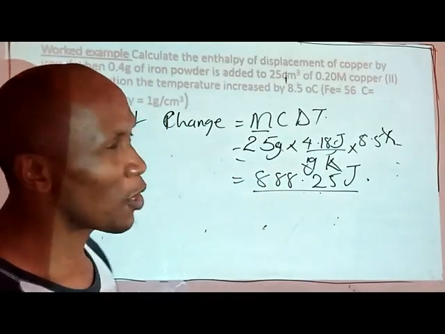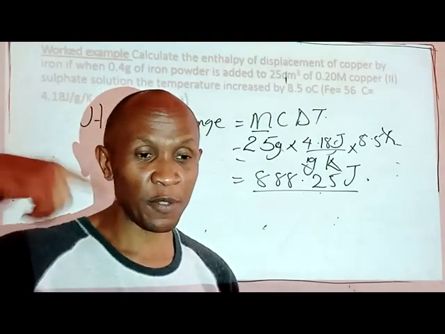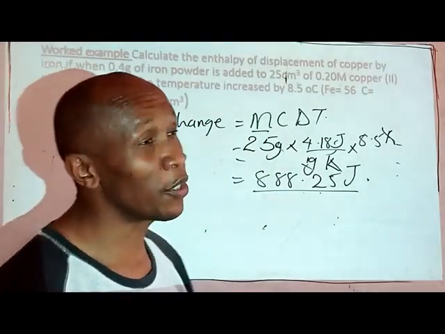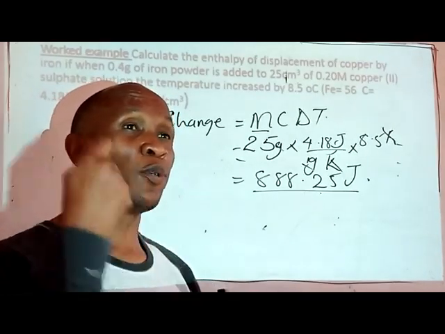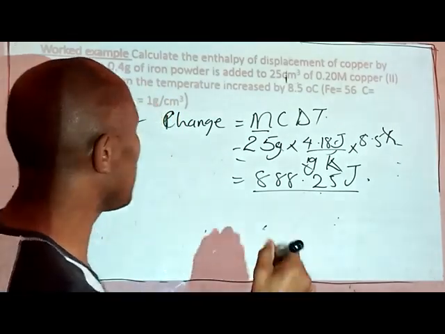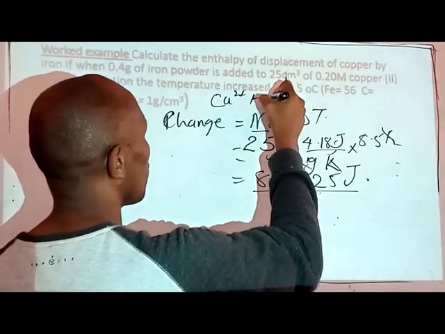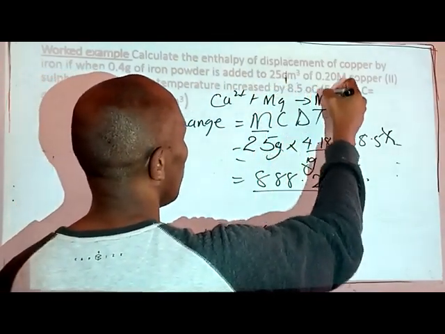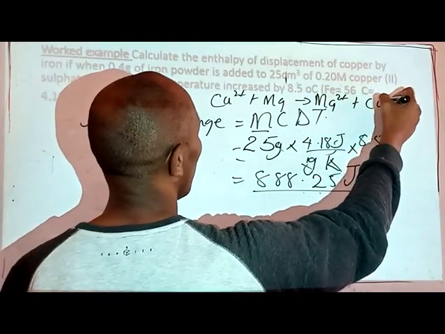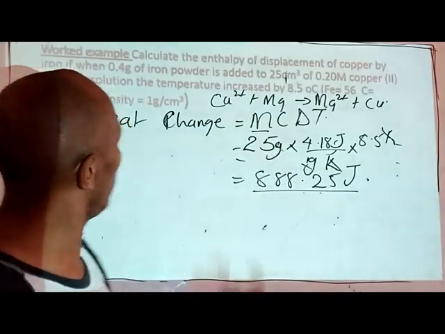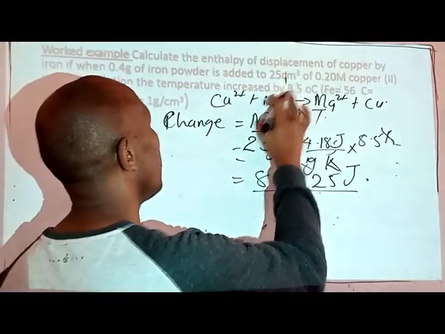Like we did in the previous section, we will need to get the number of moles. We know the reacting ratio is simply 1 to 1. We have copper 2 plus plus iron to form iron 2 plus plus copper. That's the ionic equation of the reaction. So the ratio is 1 to 1.